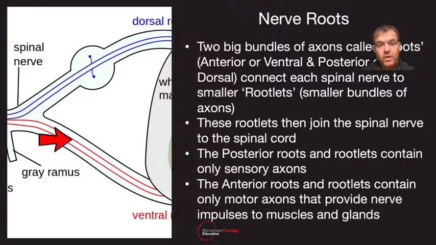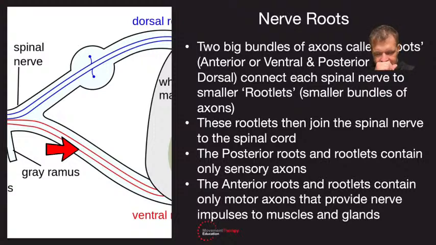Okay, so it can be stuff that you control or stuff that's automatic. So it could be a motor nerve going to the heart, for example, and you obviously don't think about your heart beating; it just happens. But the nerve impulse to the heart will come from one of these motor nerves.